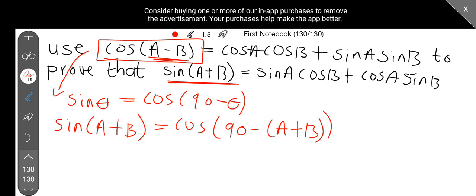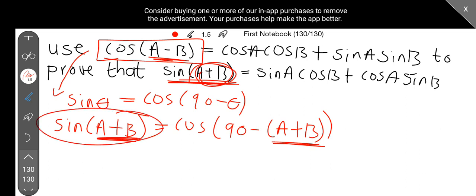Don't be confused: we are taking A + B as our θ. This means sin θ is equal to cos(90 − θ), so sin(A + B) is equal to cos(90 − (A + B)).